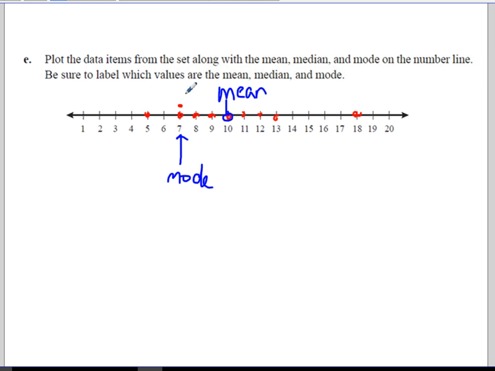And then we have to add a dot at 9.5, which would be our middle or our median. So there's just a visual representation of those numbers together.